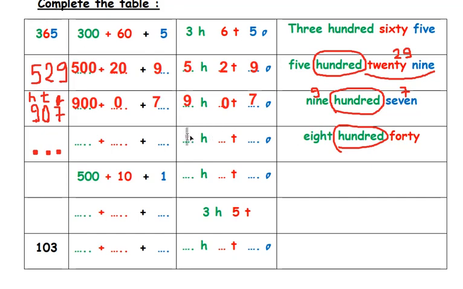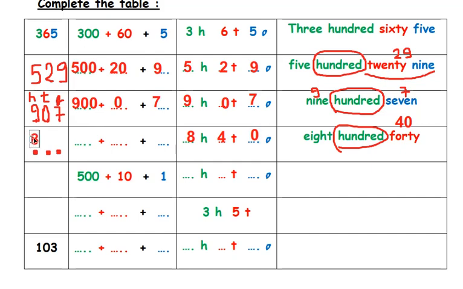It means I have 8 H. Great. 40. What's 40? 40, it's 4 and 0. Okay, this is 40. So I have 4 tens and 0 ones. You see, 40. It's 4 tens and 0 ones. Great. So the number is what?